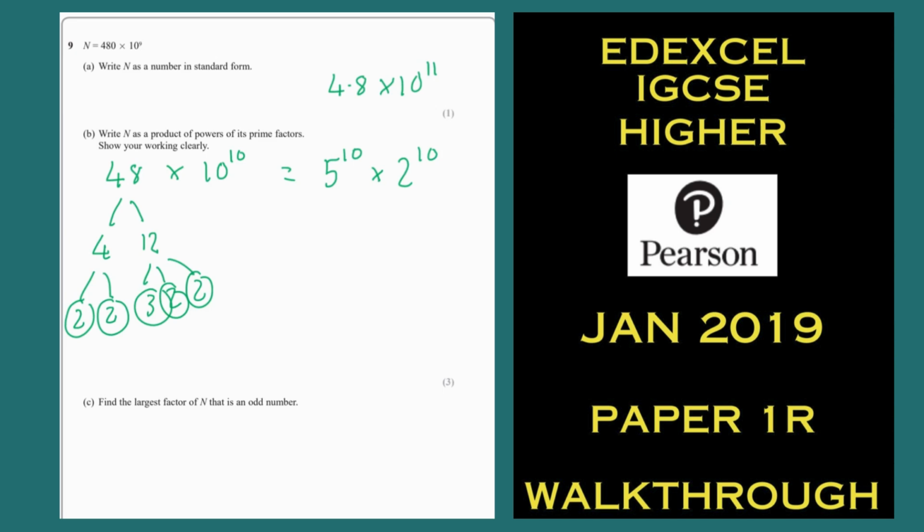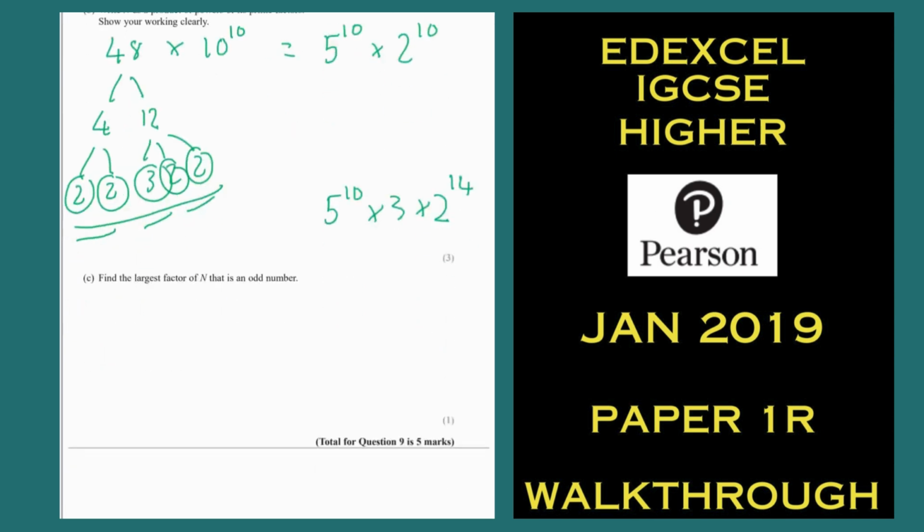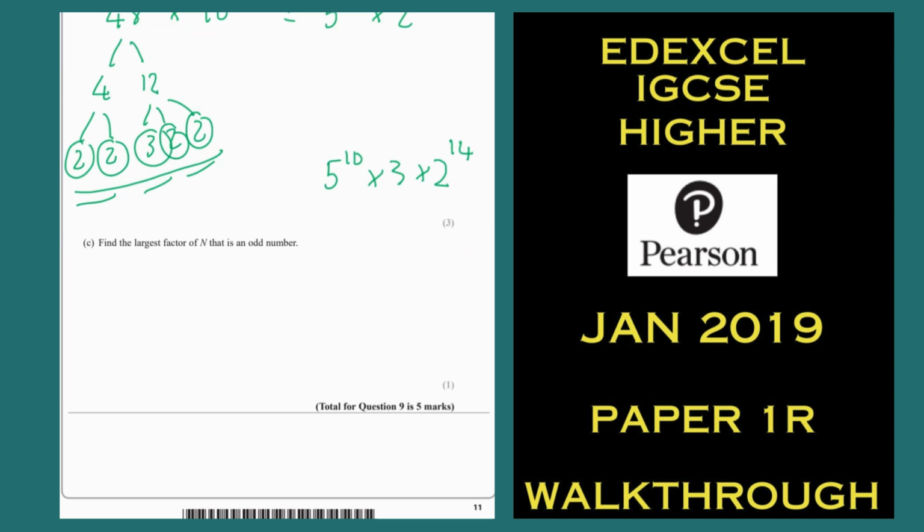But as you can see, there's some other stuff we need to bring into play. So there's no extra 5s. There's 1 extra 3. But there's 4 extra 2s. So you need to add 4 to the power of the 2. And we get 2 to the power of 14. Find the largest factor that is odd.